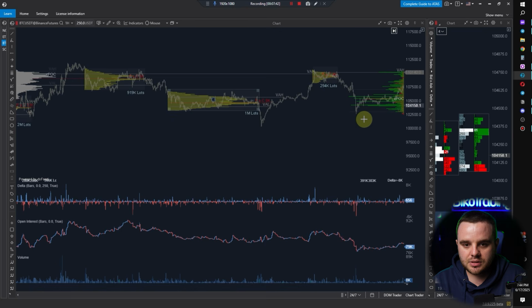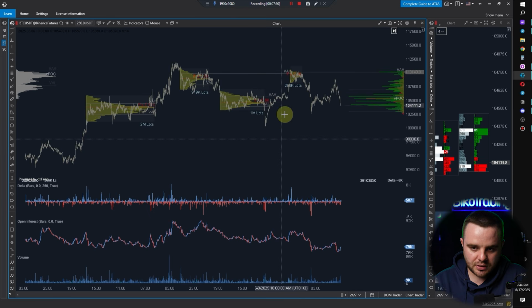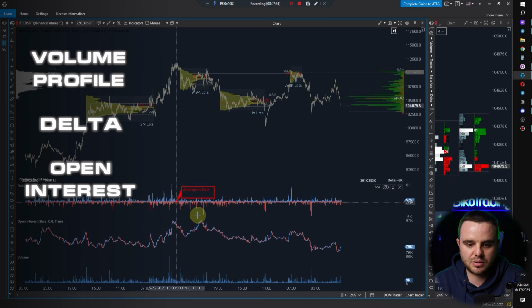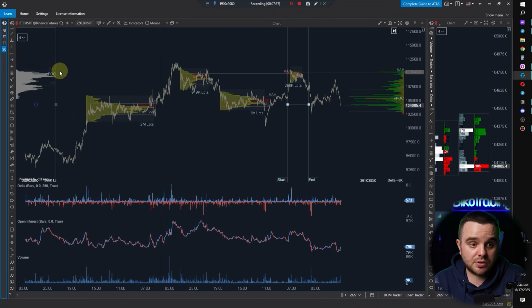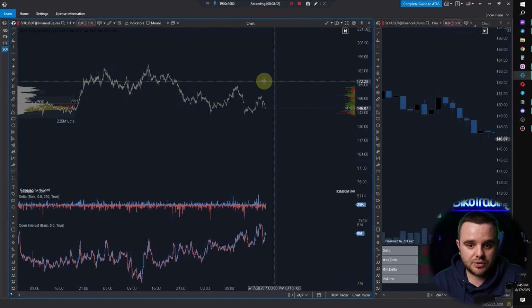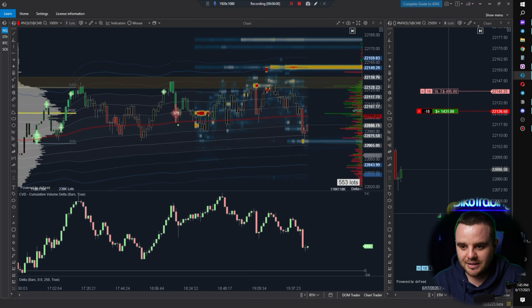On those coins, I pay more attention to volume profiles because crypto is better for swing trading. That's why volume profile plus delta and open interest is the most important for me on crypto. That's why I use ready templates for Bitcoin, Ethereum, and Solana, because 90% of my trades are Bitcoin, Ethereum, and Solana. Nasdaq I do scalping. I do beautiful scalping on Nasdaq.